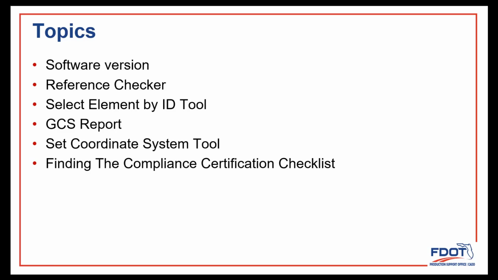We're going to go over the GCS report and the files that need to have coordinate systems in them. Then we're going to use the set coordinate system tool to quickly add coordinate systems to drawing files. And finally, we are going to go over how to find the compliance certification checklist.